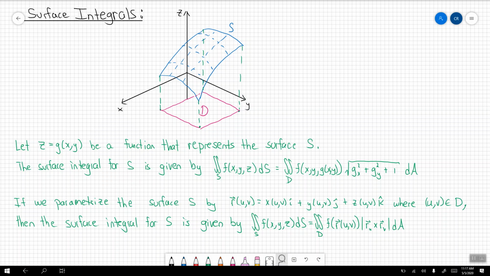Secondly, for this first definition, we chose our function to be g of x, y, and that was going to be equal to z. Well, if we would have chosen a different function, say x equal to g of y, z, then that changes our insertion, or that changes our values for this double integral.